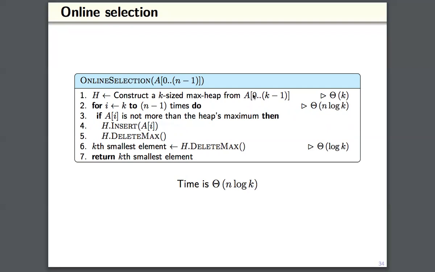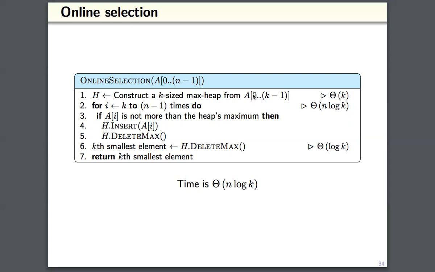You're given the array. So what do you do here? Let's look at line 1. Construct a k-sized max heap from this array. Look at the difference. That was a min heap. When we constructed a min heap for the entire array and kept deleting min elements, we got the smallest, second smallest, and so on.